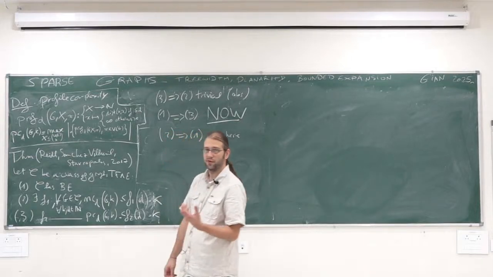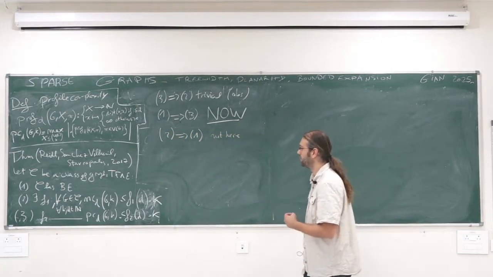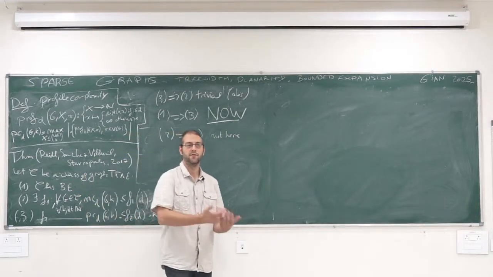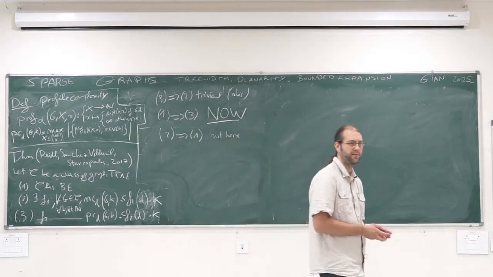And what I want to do now to start is show you the proof that 1 implies 3. That means if your graph class has bounded expansion, then you have bounded neighborhood complexity.